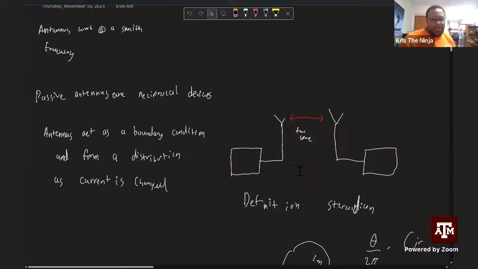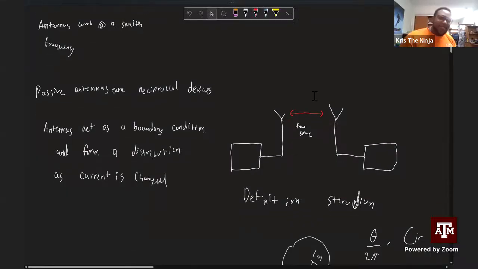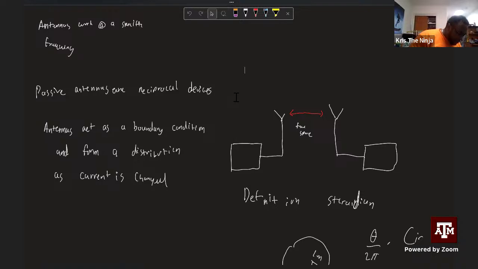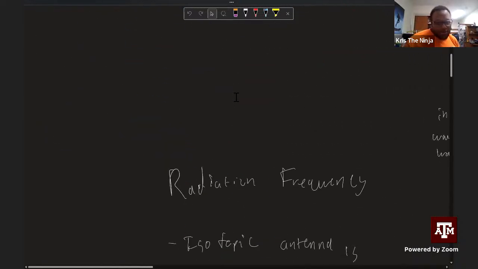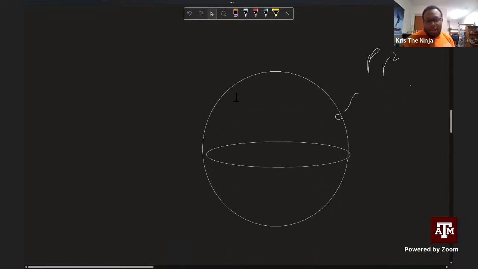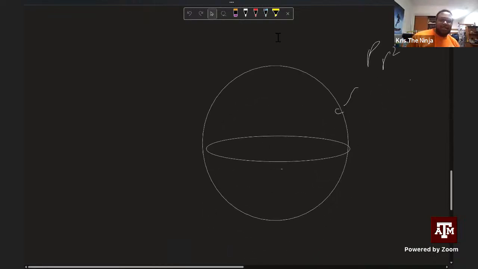So back to the cool stuff. It's not so cool because I'm stressed, bro. It's gonna be okay. Also, hold up, I gotta shout myself out real quick. Look at this sphere.